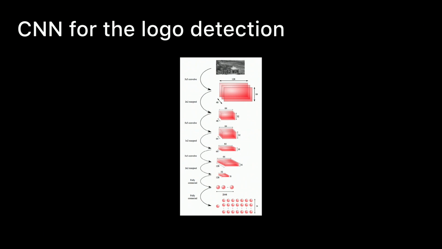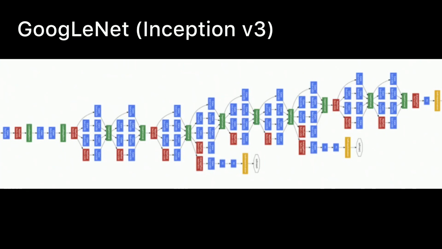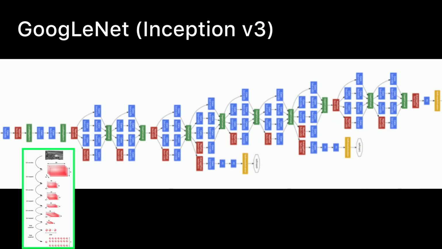It looks simple and works well, but of course it's not perfect. Please look at this image. This is the network for the logo detection. Although I customized this a bit for my Swift logo detection, it's almost the same. And this is the network named GoogleNet. It's much more complicated than the logo detection network.